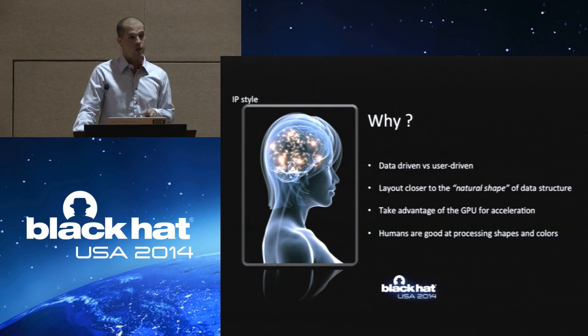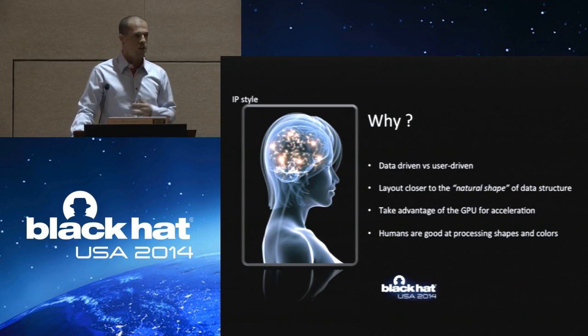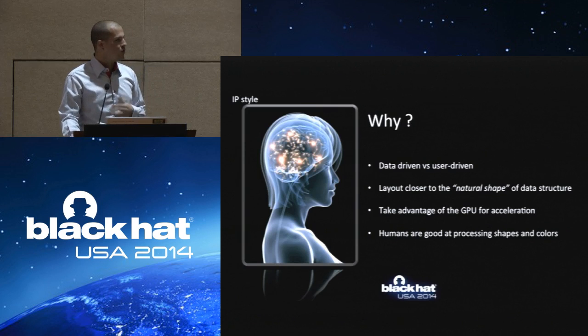It is much closer to what I like to call the natural shape of the data structure. And we can take huge advantage of the GPU for acceleration. Nowadays GPUs have become insanely good at vectorial computation, so it would be a shame not to take advantage of that. And finally, the main point: humans are so much better at processing shapes and color. We're going to see that in a second.